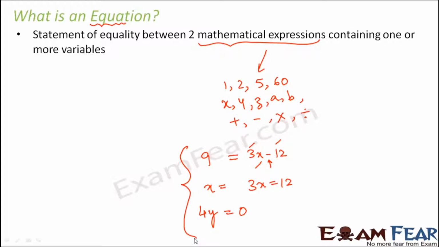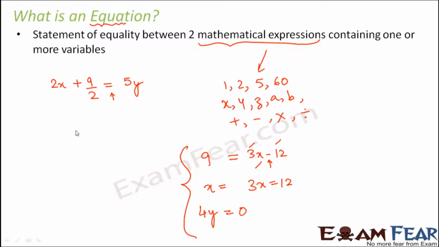For any equation, the only criteria is that an equality sign has to be there and there have to be two mathematical expressions involved. For example, 2x plus 9 by 2 is equal to 5y. This is an equation because the equality sign says that whatever you see on this side and whatever you see on this side, they are equal.